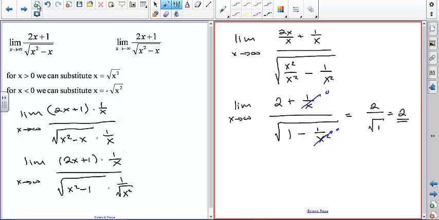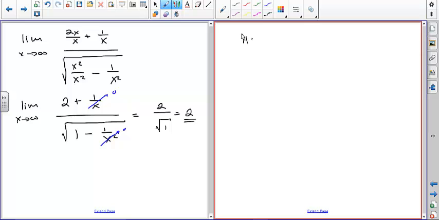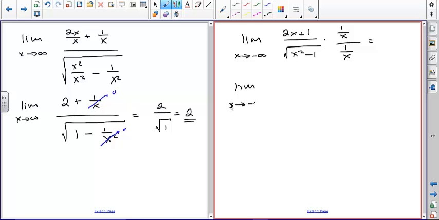So let's do that. Now we're going to look at the limit as x approaches negative infinity of 2x plus 1 divided by the square root of x squared minus 1. So again, you multiply by 1 over x and 1 over x. But in the denominator, I replace 1 over x with minus the square root of x squared.